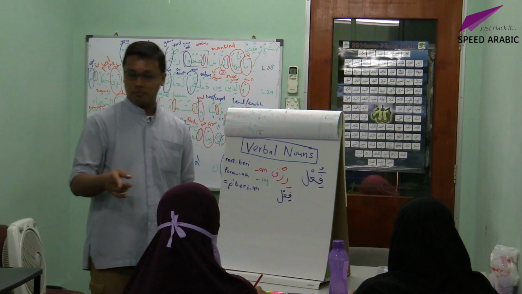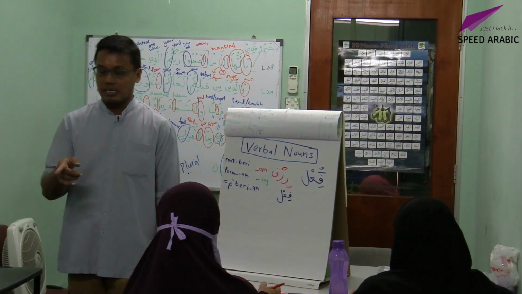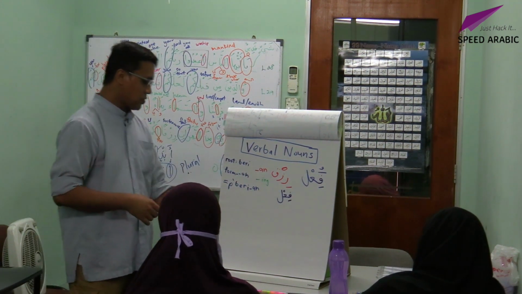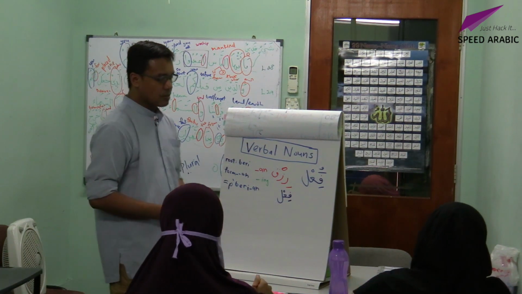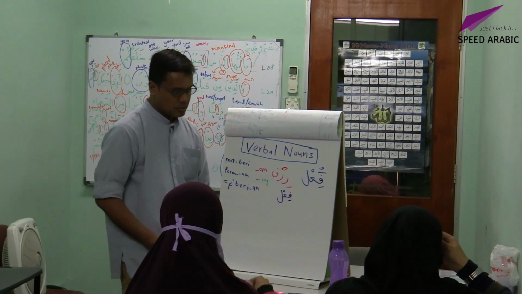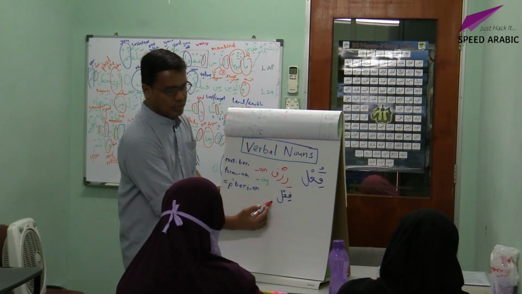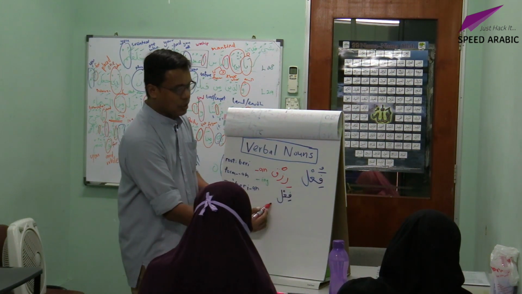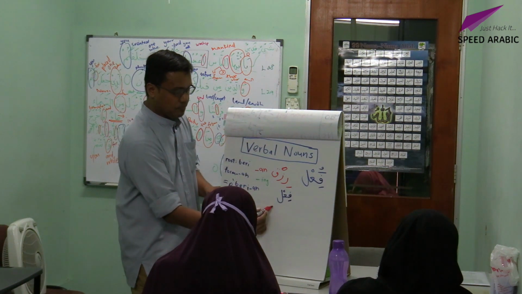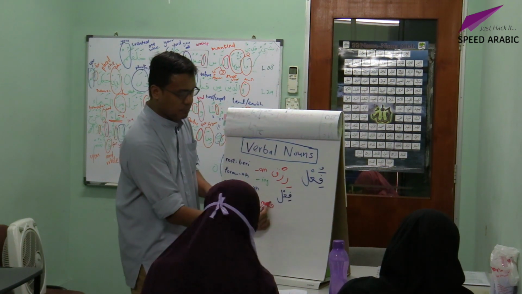Okay, you have more examples there. What are the examples that I gave you? The second example would be, I think, I give you faham, right? Faham. So what's the meaning of faham?